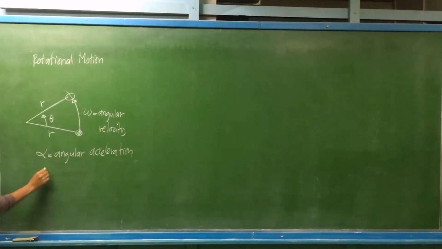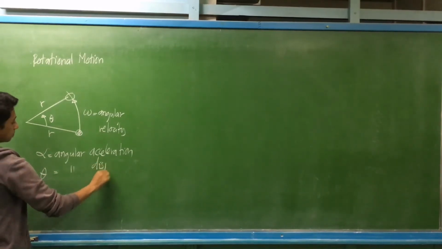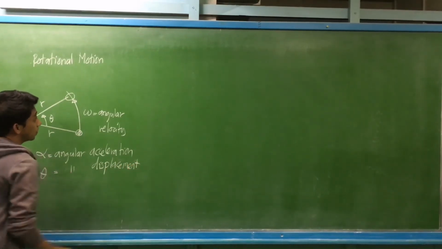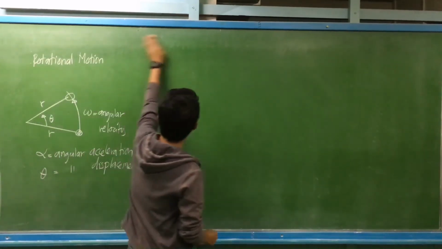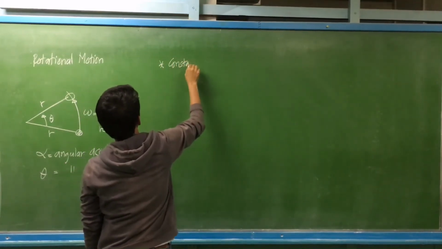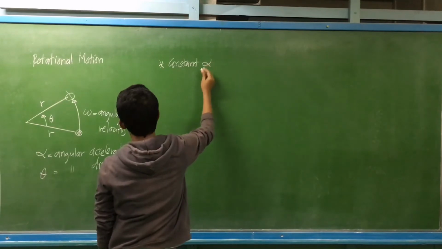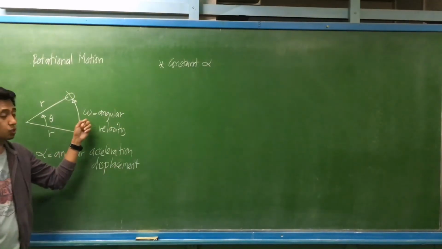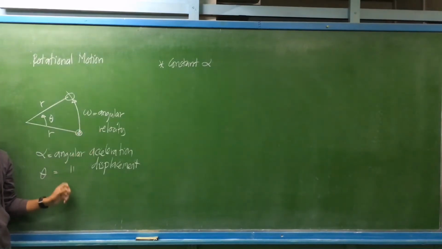And let's say theta will be our angular displacement. For the cases where we have constant angular acceleration, or constant alpha, we'll be using the same formulas. We are just using these new variables.